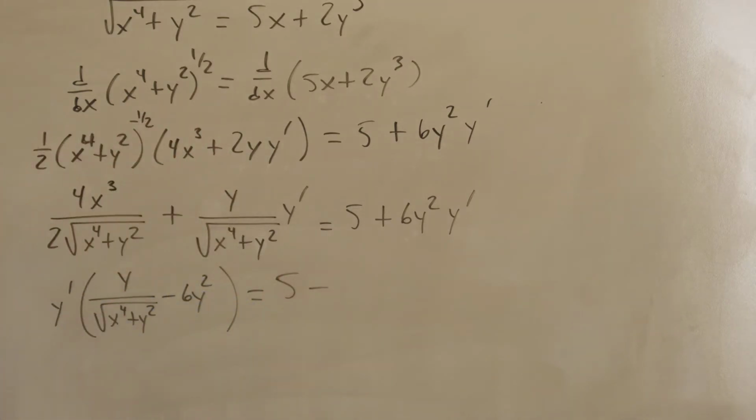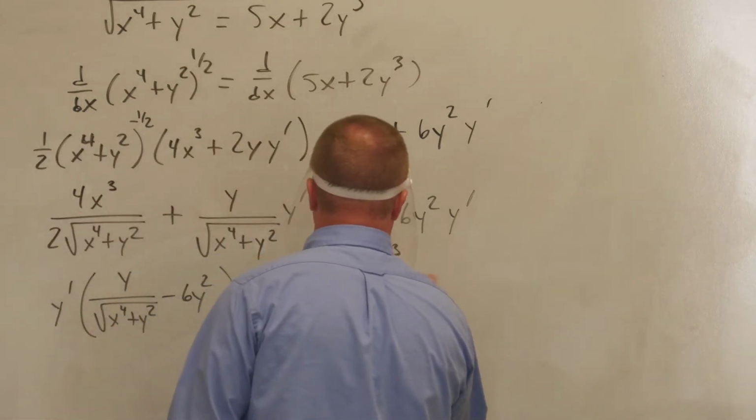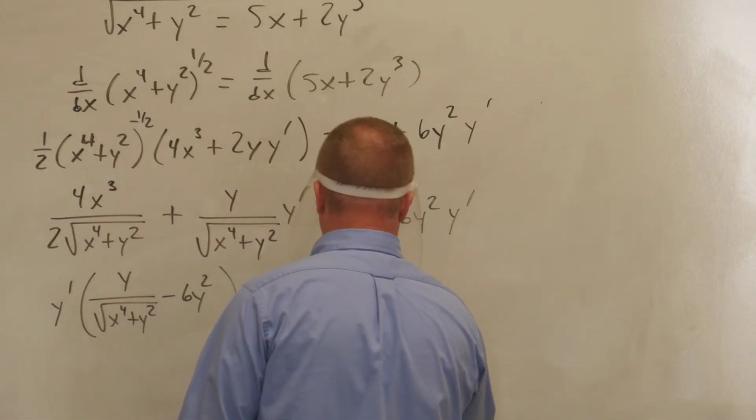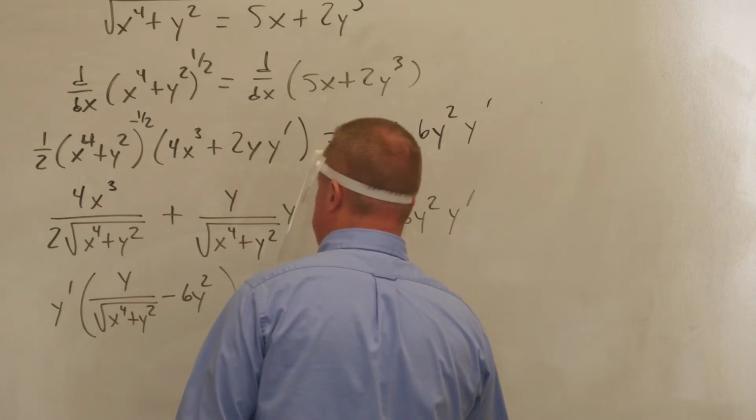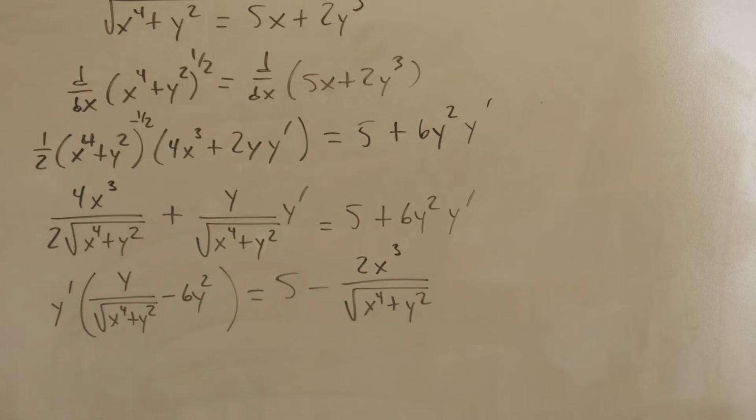Okay, so I've got that on the left. And now here my 4 and my 2 will divide, right? 4 divided by 2 will be 2. So that'll just become 2x cubed over root of (x to the 4th plus y squared). Okay? So any questions up to that point?